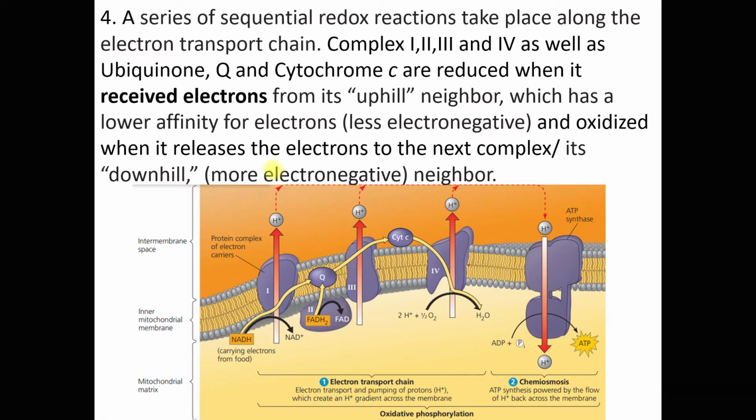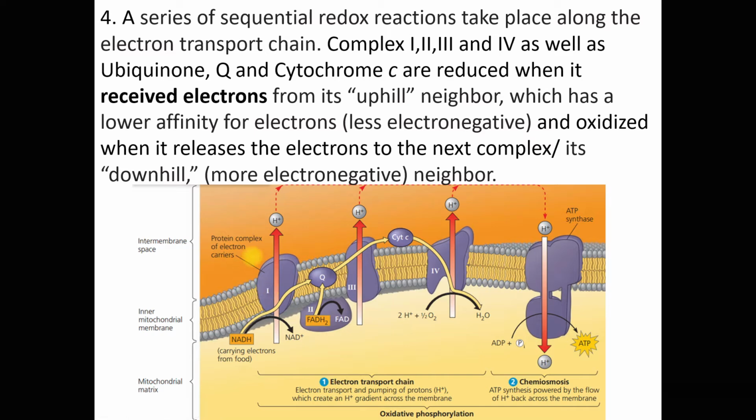So let's go back here. These complexes, as well as ubiquinone and cytochrome C, are reduced when they receive electrons from their uphill neighbor, which has a low affinity for electrons, and oxidized when they release the electrons to the next complex, their downhill neighbor. If we take the example of complex 1 and ubiquinone, complex 1 is the uphill neighbor of ubiquinone, and ubiquinone is the downhill neighbor of complex 1.